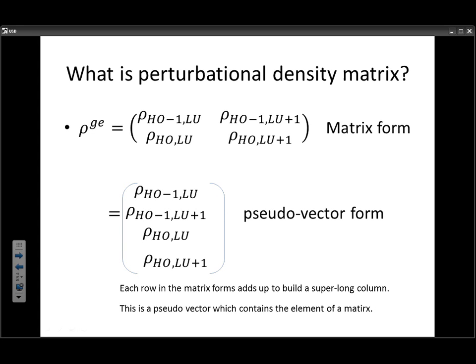This is the density matrix for ground state to excited state transition. We can add each row in the matrix form and build a super row, and this is a pseudo vector which contains the elements of the matrix.